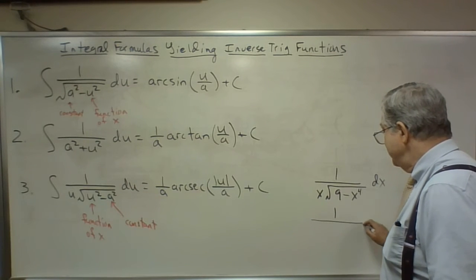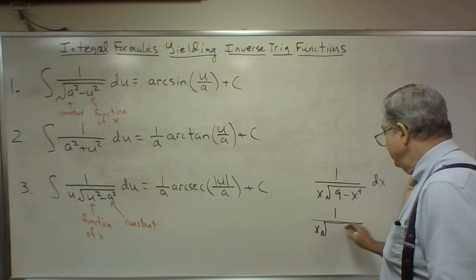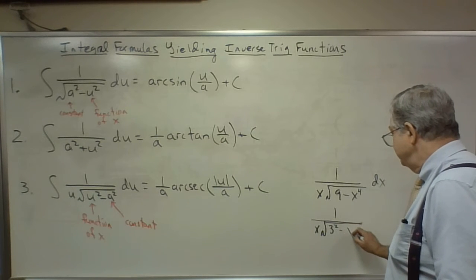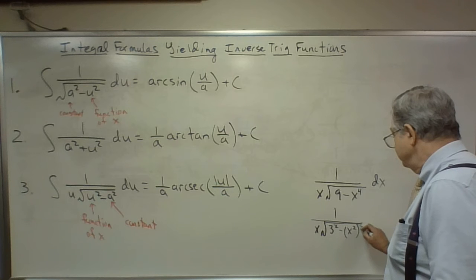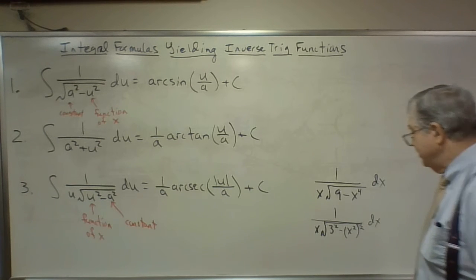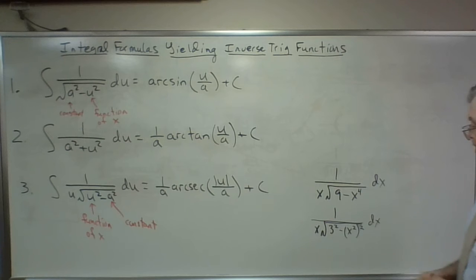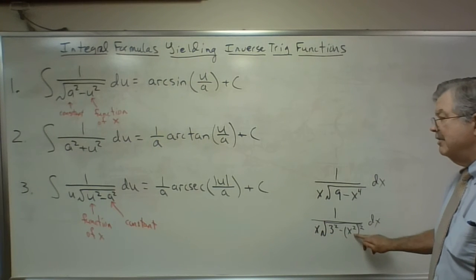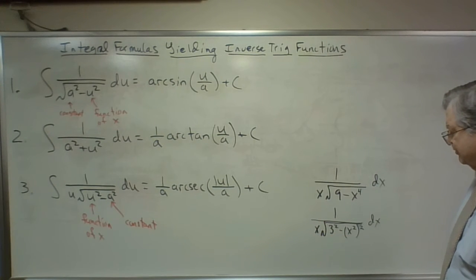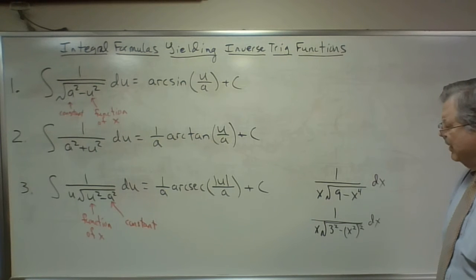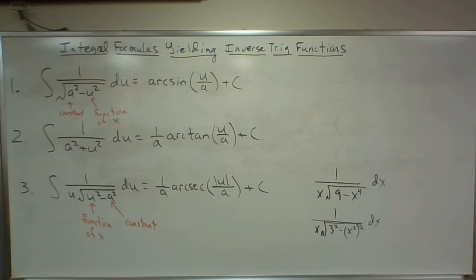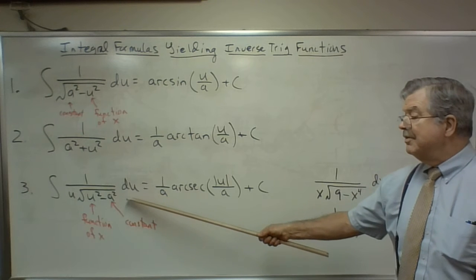If we rewrite it, this is 3 squared minus x squared squared dx. We've got u here, we've got u squared there. Oh, but wait a minute. We've got something out front here, and we've got the difference of two things under the radical, two things squared. We can use this formula.